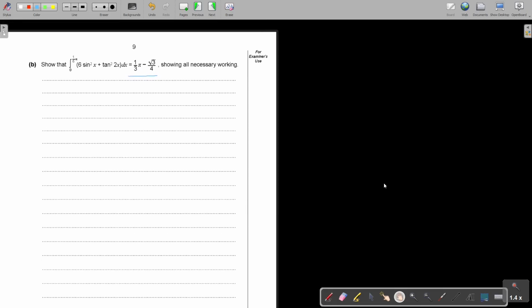Now, where will I find this? I will find this in chapter 12, and that will be further integration, and that will be on page 5 to 6.